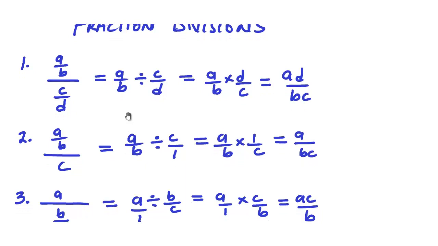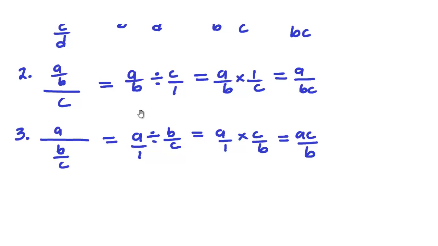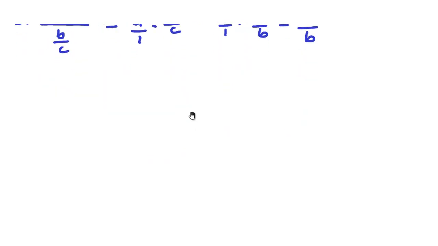So before I proceed, let me solve an example that will require the use of the divisions I have given here. For example, let's look at this example. It says simplify 3 over 10 divided by 7 over 13.